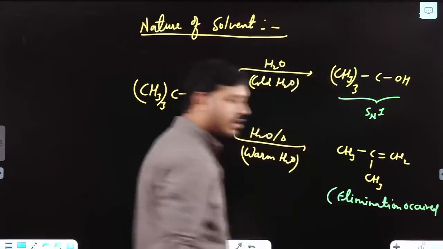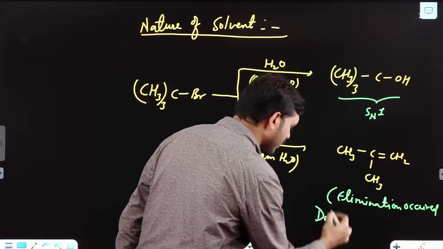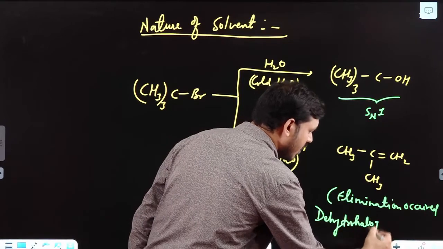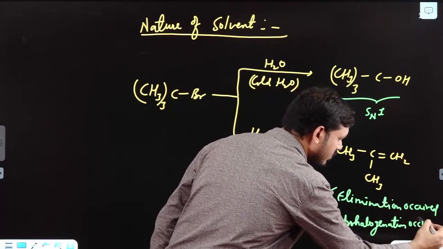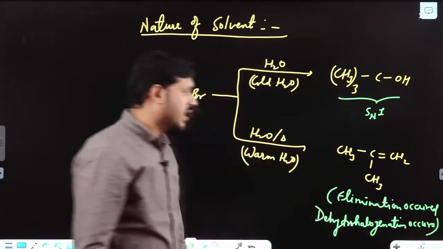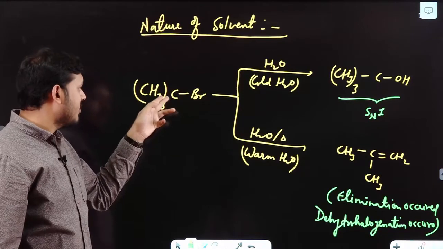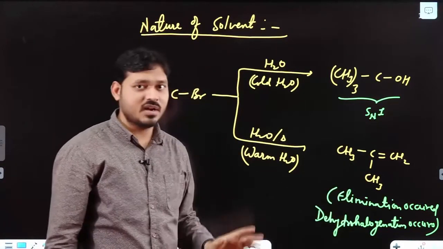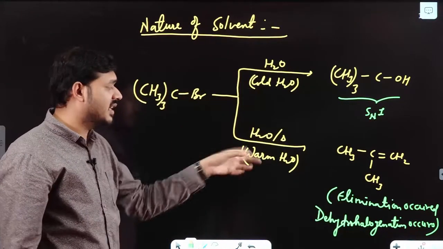Okay, more properly if I have to say, it is actually dehydrohalogenation occurred. Here dehydrohalogenation, bromine from this carbon and from adjacent methyl hydrogen, so dehydrohalogenation occurred here predominantly. Now why it happened? It happened due to difference in temperature.